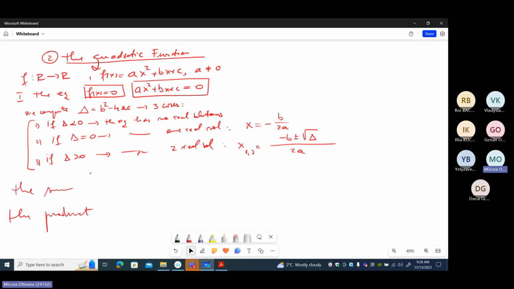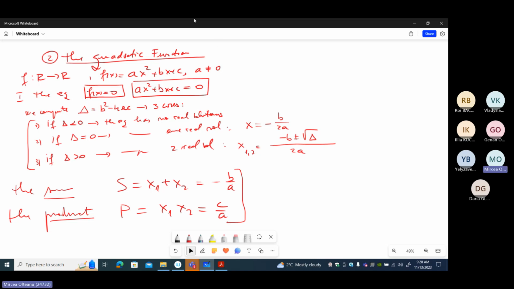The sum x1 plus x2 is minus b over a, and the product x1 x2 is c over a. In some exercises, we prefer to work with the sum and the product because they have very simple formulas, instead of working with the solutions x1 and x2.